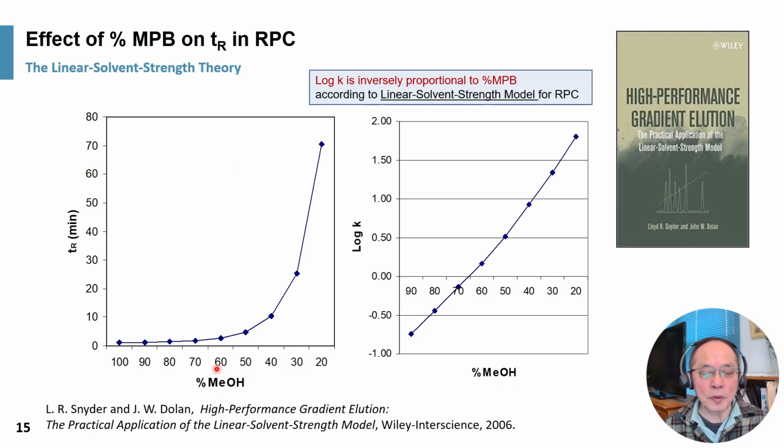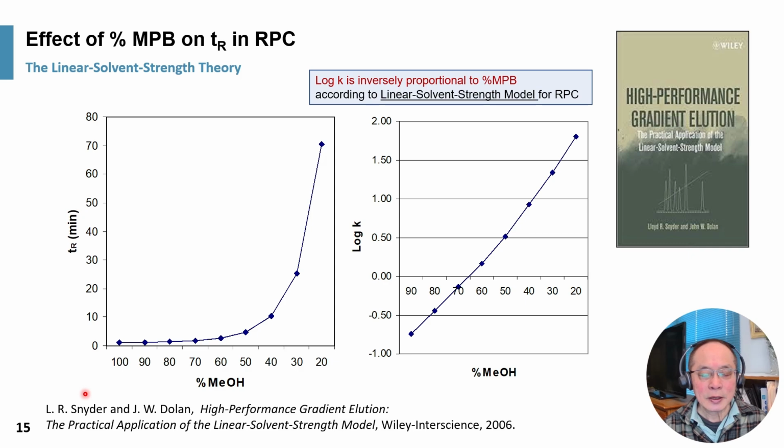Now here's a very important theory, called the linear solvent strength model, as described in this entire book by Snyder and John Dolan, called High Performance Gradient Elution, the Practical Application of the Linear Solvent Strength Model, published in 2010. Now, here is an explanation of how that works.